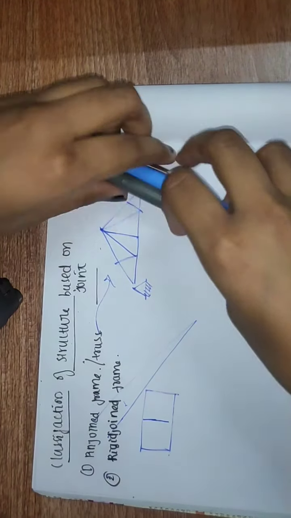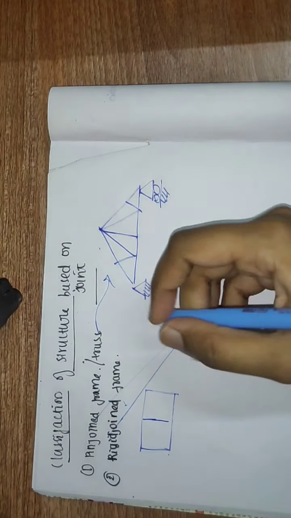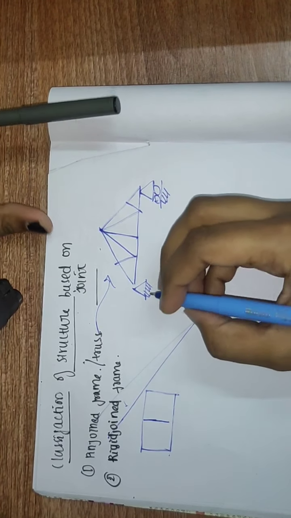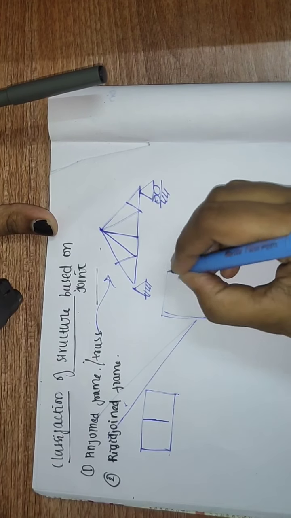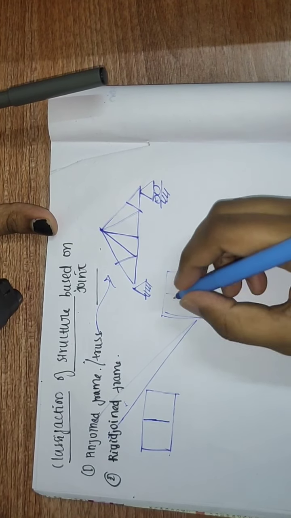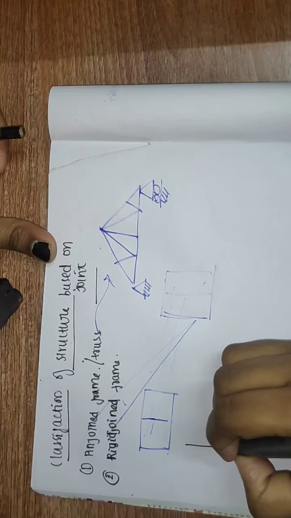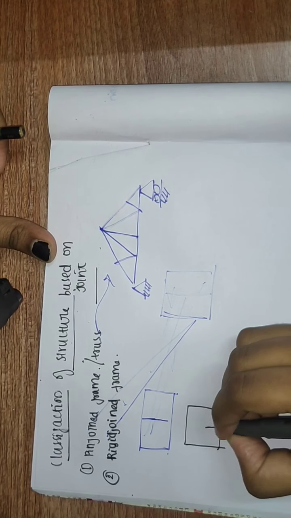For the spin joint, I am going to give an example with steel. There is a base plate, and there are two members like this.